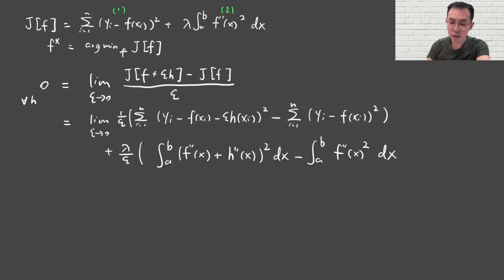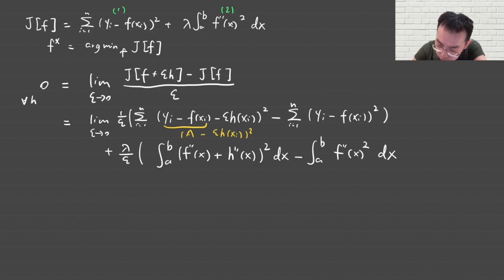Okay, so I just plugged in the form of the functional J(f), and now let's do some canceling. There are a lot of terms that can be canceled. Let's call the first term here a. Then we have (a minus epsilon h(x_i)) squared, and we can merge this summation together.